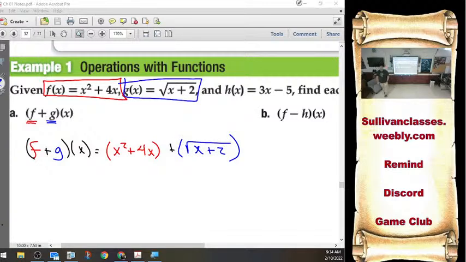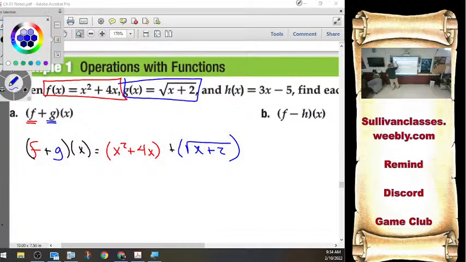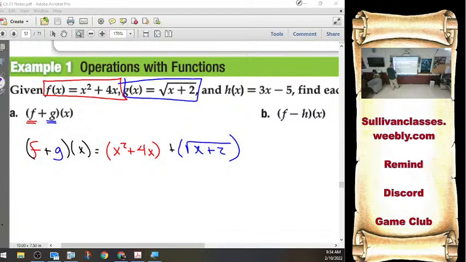Okay? F plus g is literally just f rule plus g rule. You have to make sure that you are putting them in the correct order, that you're simplifying wherever possible, and in this case, that just is what it is. There's nothing to be done about it. That is the answer.